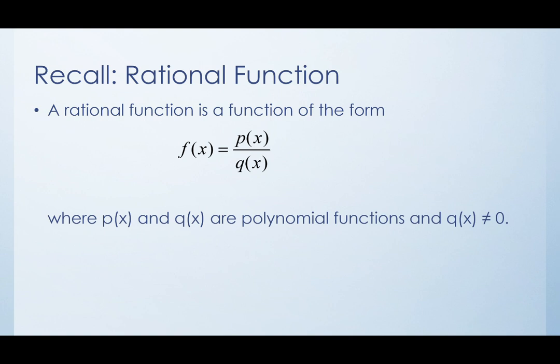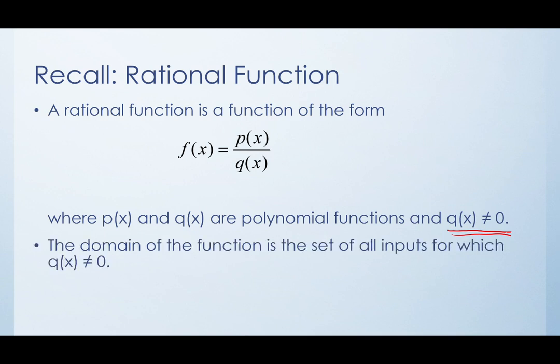The whole thing's not really anything to be worried about, right? But we do have this additional requirement that our q of x, our denominator polynomial, can't be equal to 0. So therefore, for our domain, we're going to take all real numbers and throw out any values which make q of x equal to 0.